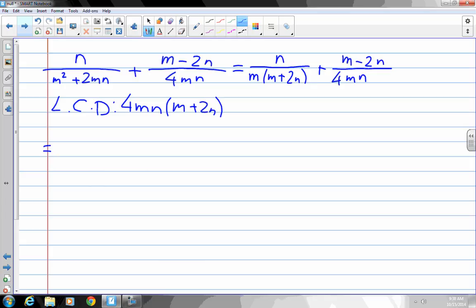So then just compare your original denominators with the LCD, and figure out what's missing. What's missing in the first one? 4n, right? So multiply by 4n over 4n.